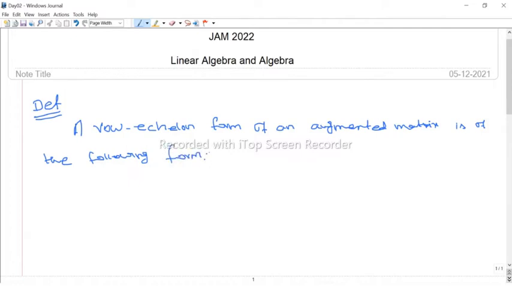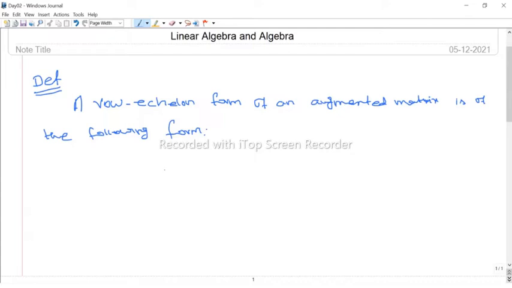Okay. So the first one is, if the matrix contains some zero rows, then you have to move them to the bottom of the matrix. So if zero rows exist, they have to come last in the order of the rows.